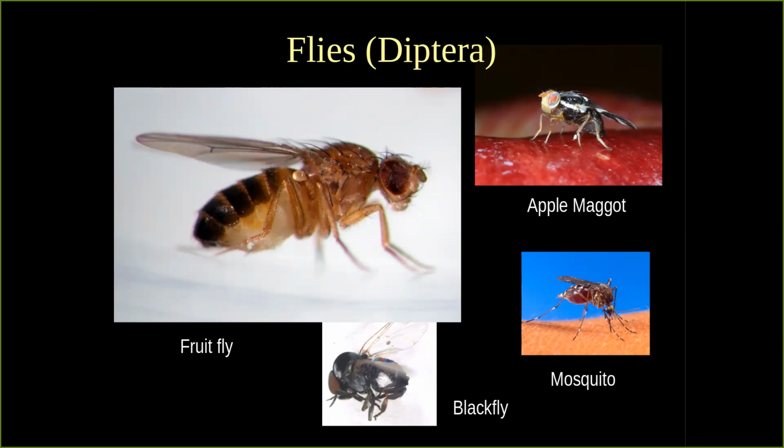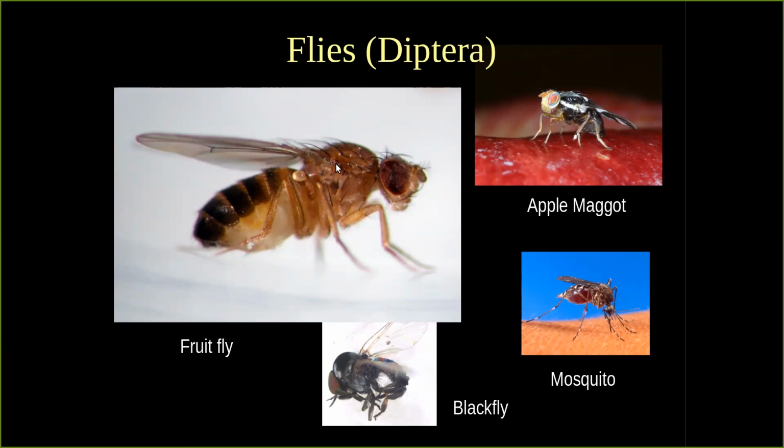For example, here's a fruit fly, and you can see that it has the six legs that all insects have, and it only has one pair of wings. Most insects have two pairs of wings, so a total of 4 wings altogether.